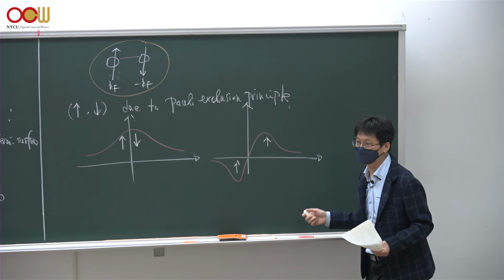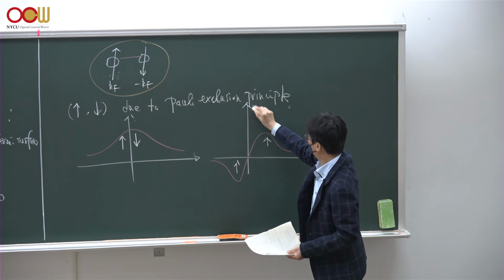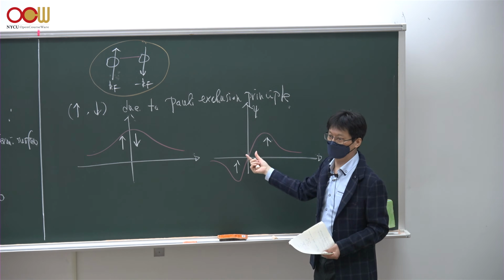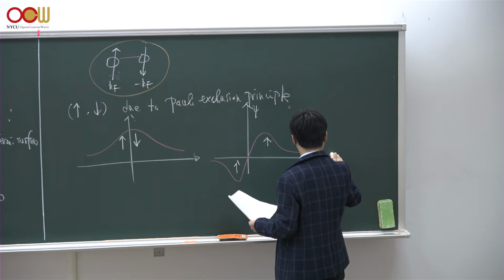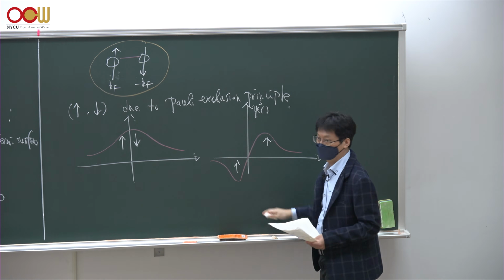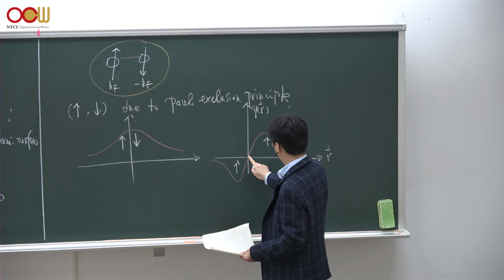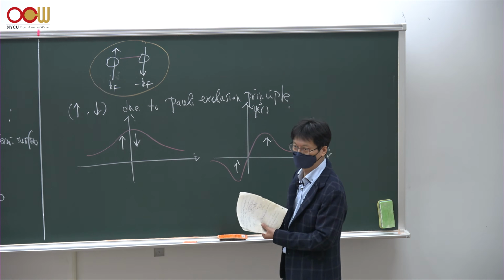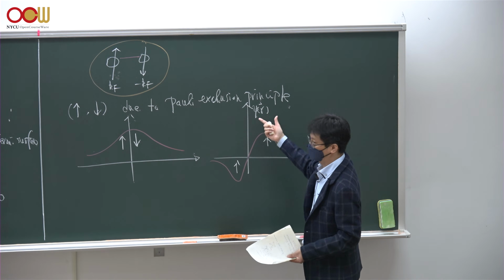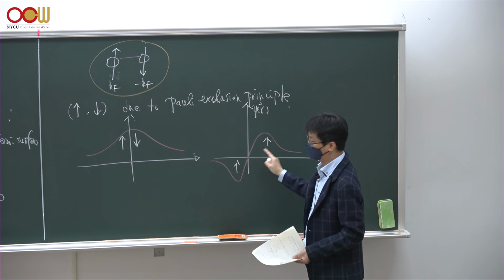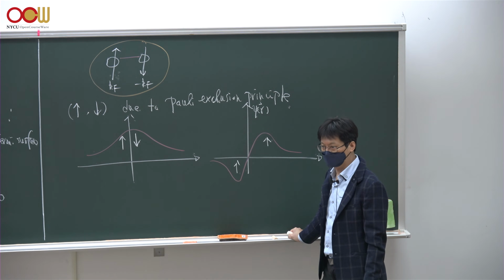We know immediately that by the Pauli exclusion principle, when the two electrons carry the same spin, they never come close enough, or they never overlap in the same position. So this is, say, R, because of the Pauli exclusion principle. There is no probability of finding the two-electron system overlapping if they carry the same spin. So the spatial distribution of this two-electron wave function for parallel spin configurations must be like this, because of the antisymmetric nature of fermion wave functions.